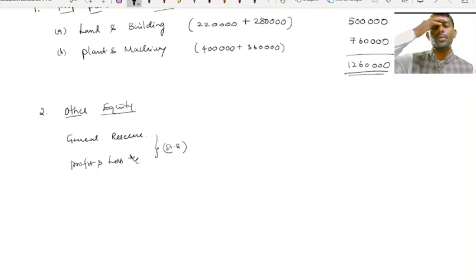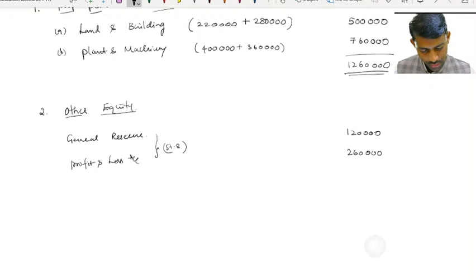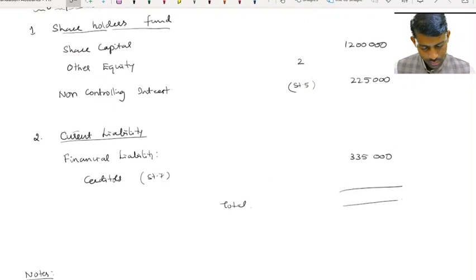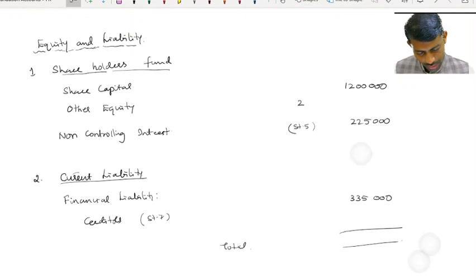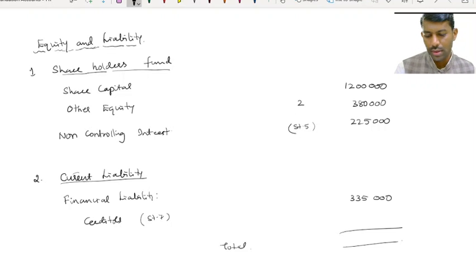In this problem there is no capital reserve; instead we have the goodwill, which we have already treated. So general reserve, copied from step number 8, amounts to 1,20,000 and 2,60,000. That's all I believe. It is 3,80,000. Check out whether your balance sheet total is tallied or not.